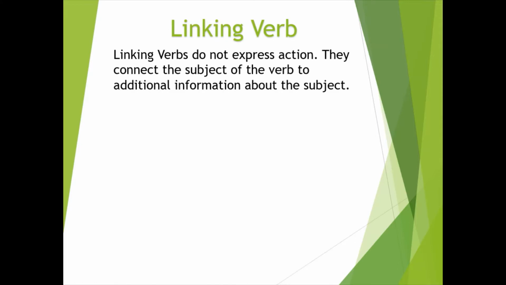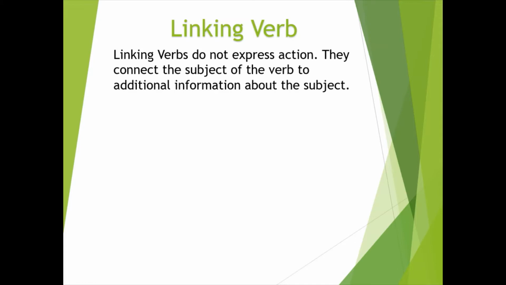Not all verbs express action. There are some verbs that perform other functions in a sentence, like the linking verbs. Linking verbs do not express action. They connect the subject of the verb to additional information about the subject.